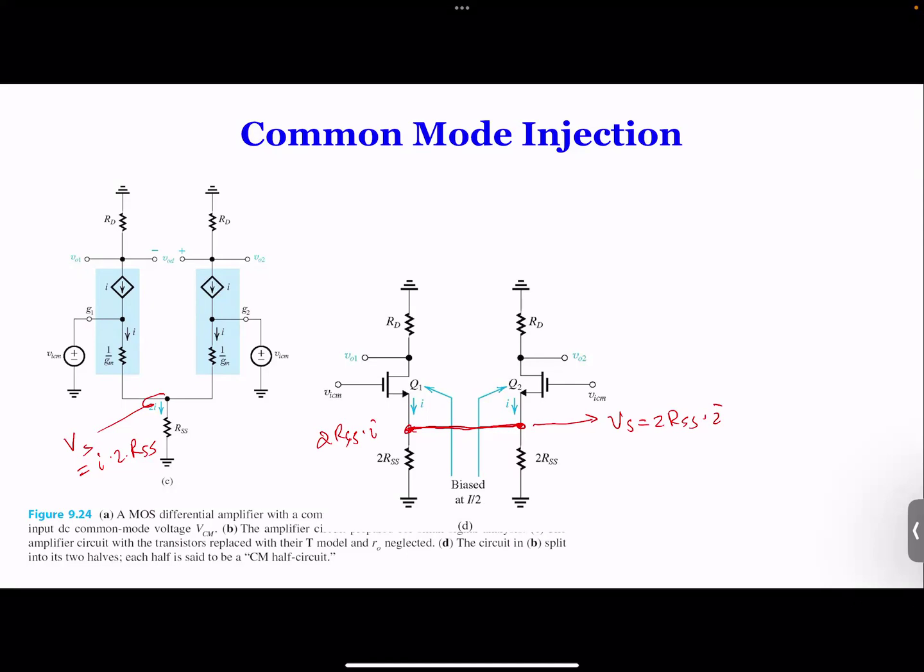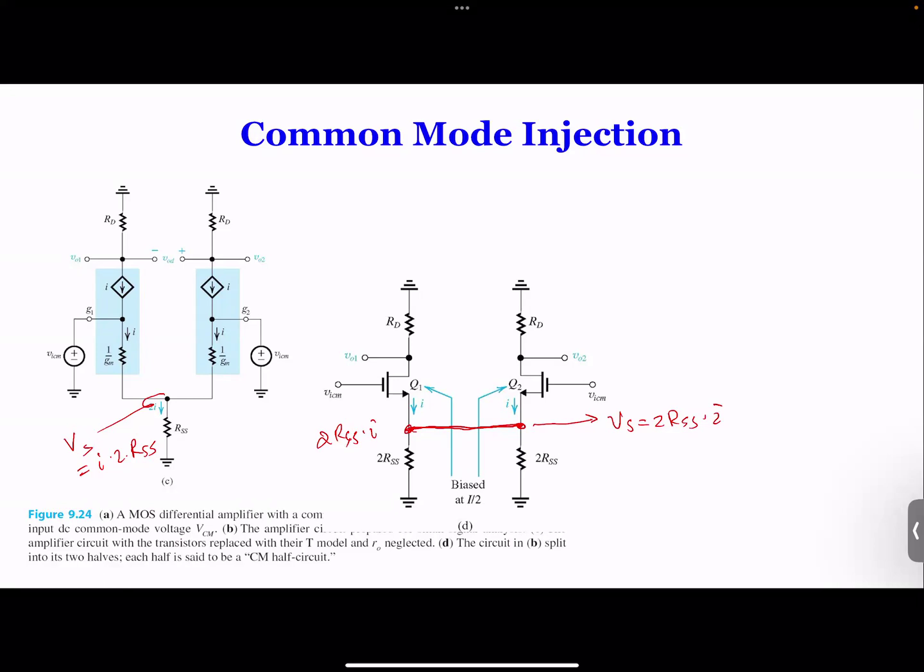Okay, so now you say, what do I do now? Well, basically, what you can easily do is here. Instead of this, we can put this resistance as 2 RSS, and we can find out what each voltage is going to be. So let me do it on this circuit here.